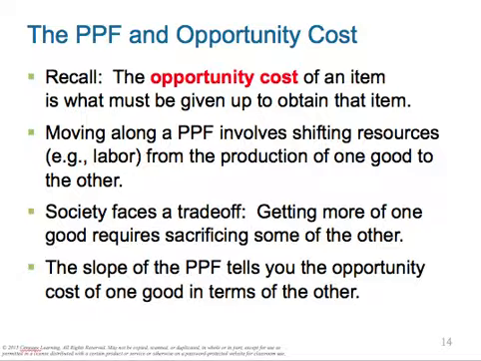The slope of the production possibilities frontier tells you the opportunity cost of one good in terms of another. As you slide up and down the production possibilities curve, you're trading computers for wheat and wheat for computers, depending on which direction you're going.